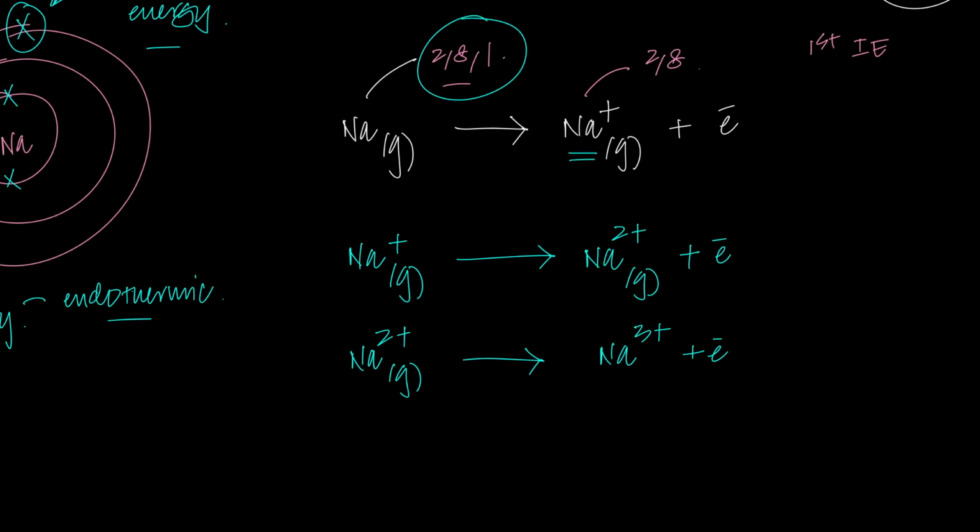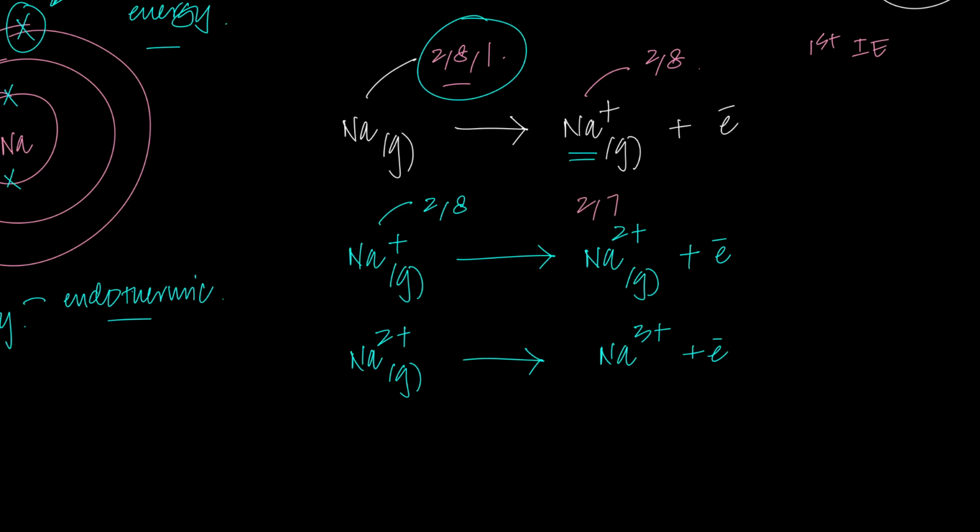But the problem was that when Erwin Schrödinger removed the first electron, he required X amount of energy to do so. And then he took 2,8, which is your sodium 1 plus gaseous ion, and removed one more electron from that. So what do you have now? You have 2,7.